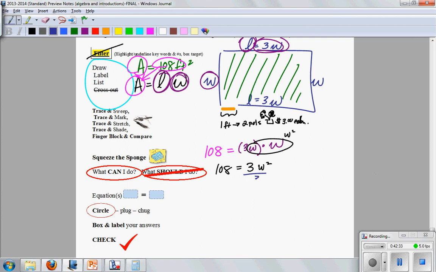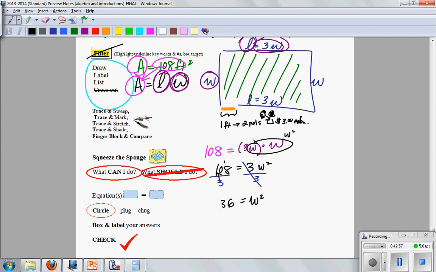You divide by 3. So I have W squared equals, and 3 goes in there 3 times with 1 left over. 3 goes into 18 6 times. And now I have W squared equals 36.